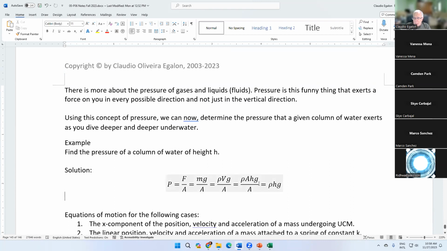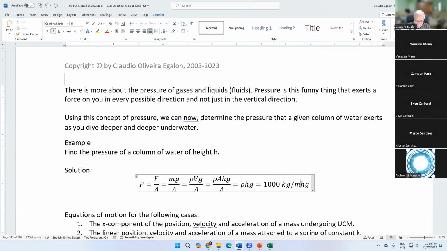Okay? If we go back to our values, the density of water is what? 1,000 kilograms per square meter, right? No, sorry, per cubic meter. Like that. The acceleration of gravity, that's approximately 10 meters per second squared, right?